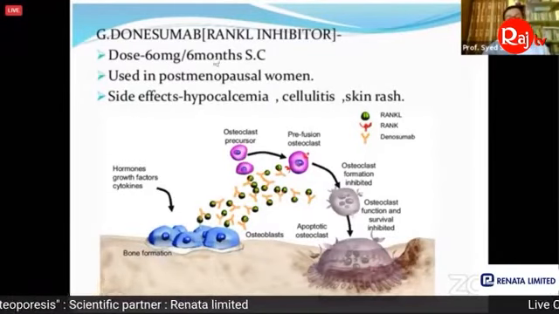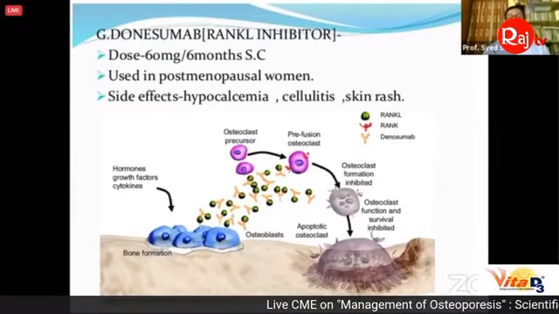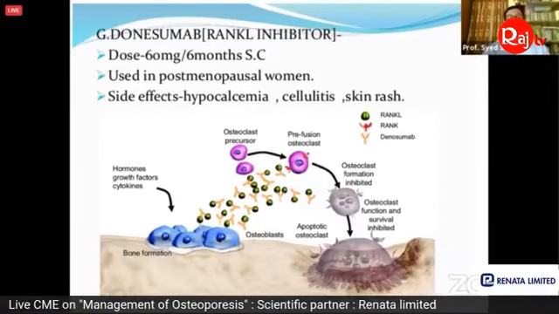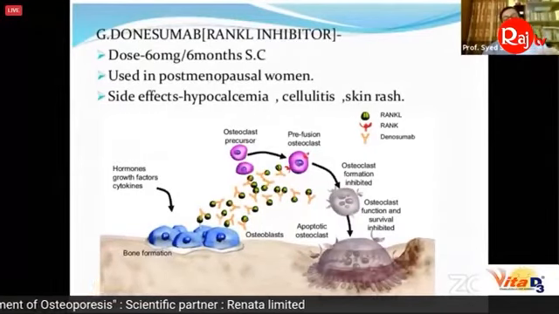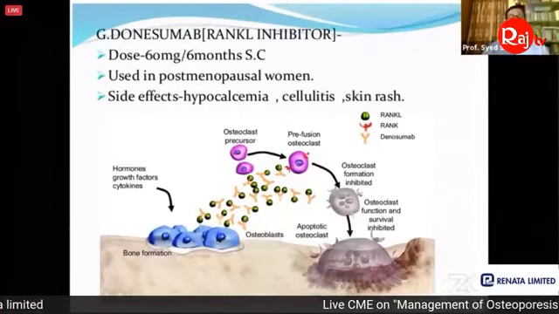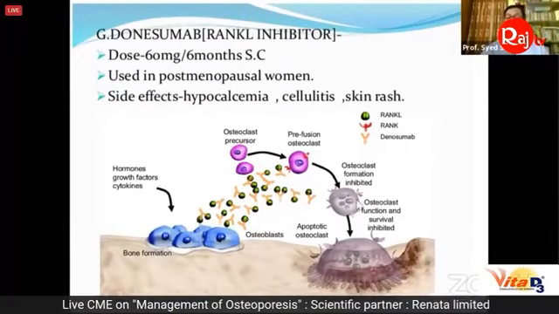So this is one of the beautiful drugs. My previous speaker already mentioned RANKL inhibitors, denosumab. Somebody says donisumab, but it should be denosumab. You can see the figure.